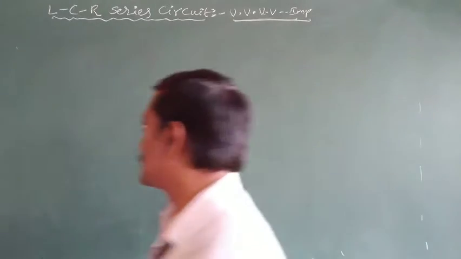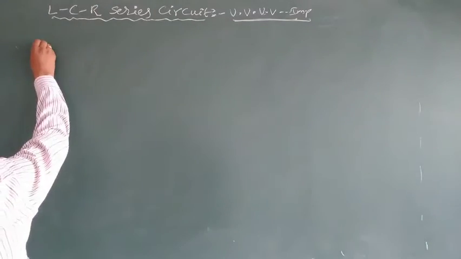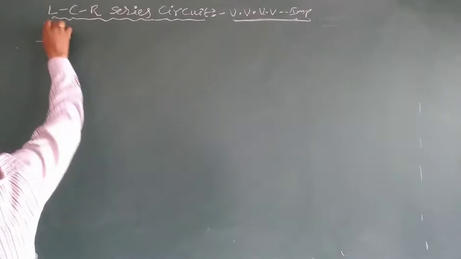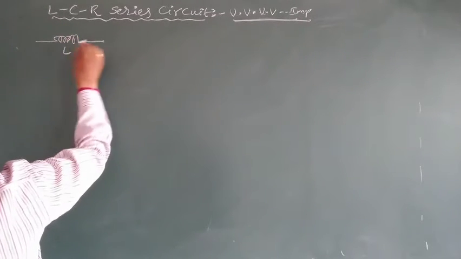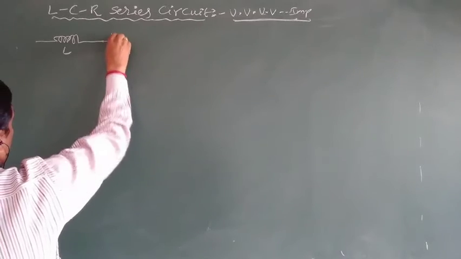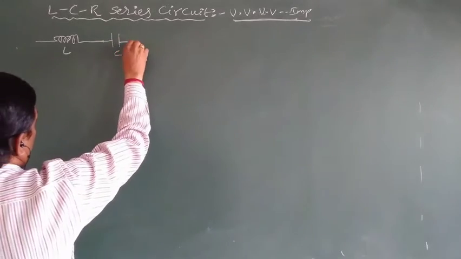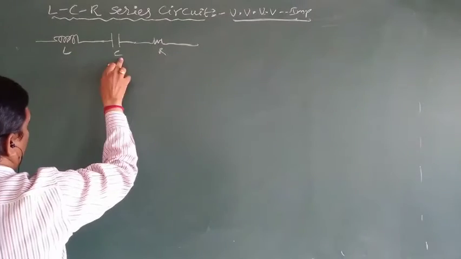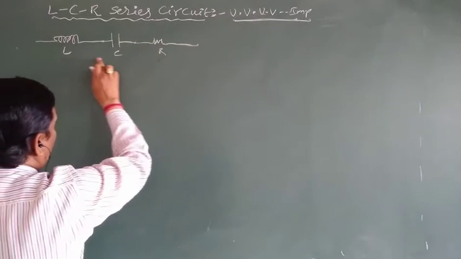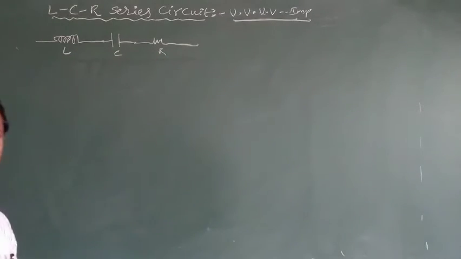To explain this, first observe L means inductor, C means capacitor, R means resistor. All three different elements are joined in a series system.